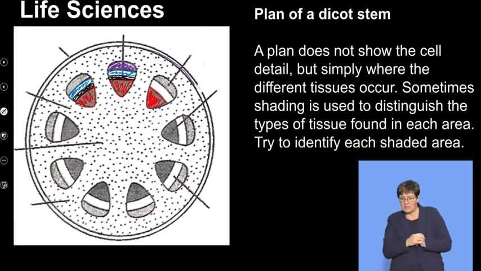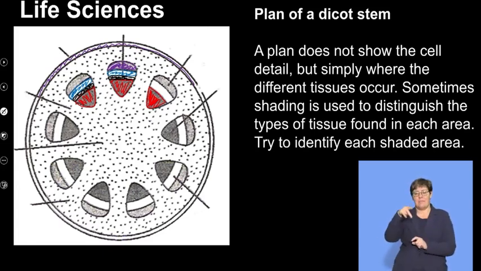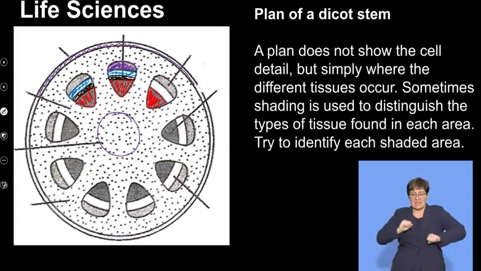Easiest one to recognize always is the epidermis, because every plant part has to have an epidermis. Also, every plant part will have cells filling in spaces, and those would be parenchyma cells, and the parenchyma cells are found in the middle with the pith.